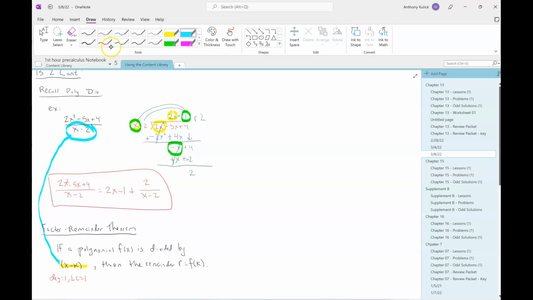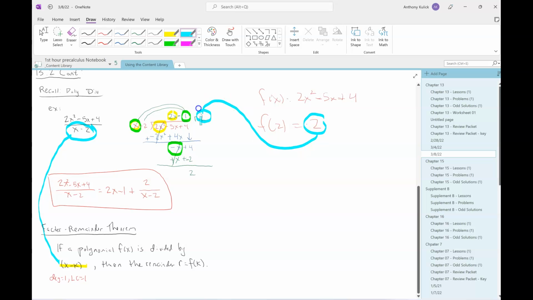So if I did f of 2, where my f of x is 2x squared minus 5x plus 4, f of 2 should equal 2, which is my remainder.